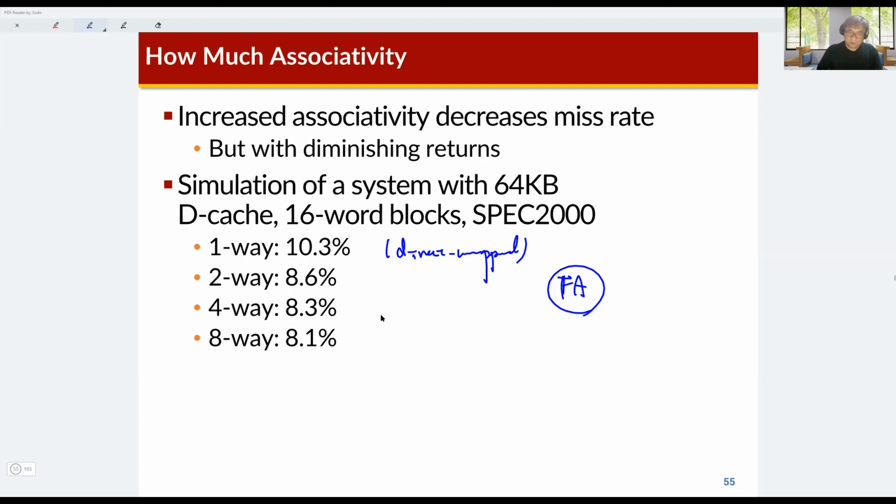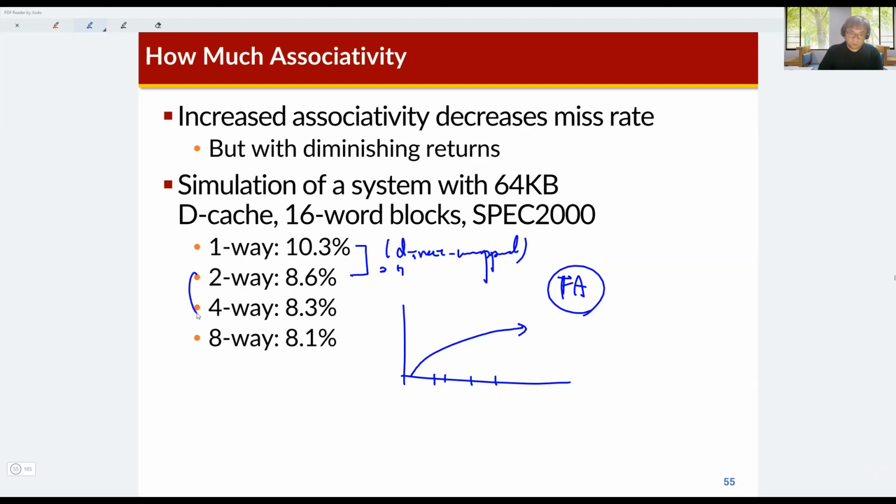But as you can see here, if we compare the hit rate, the hit rate is saturated by the number of associativities in the cache. Between the direct mapped cache and the 2-way set associative cache, the miss rate differs by about 1.7%.